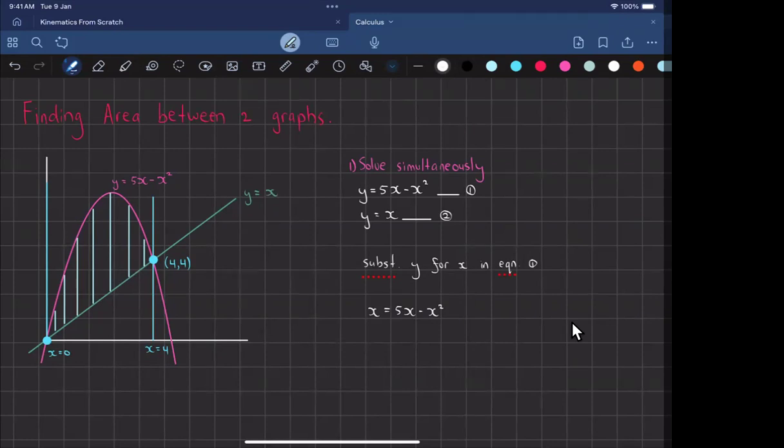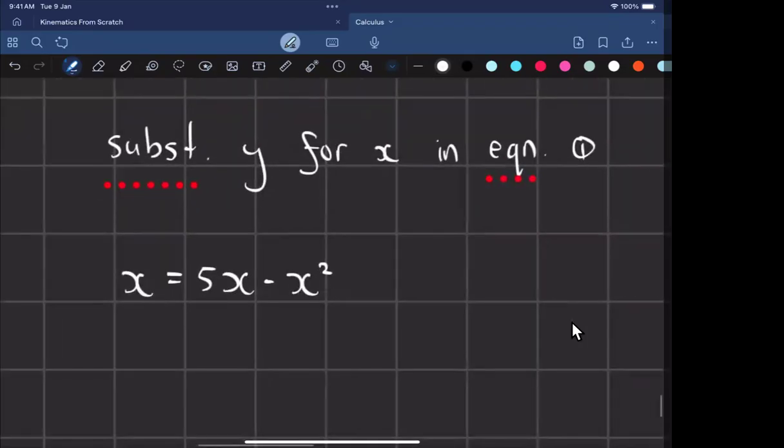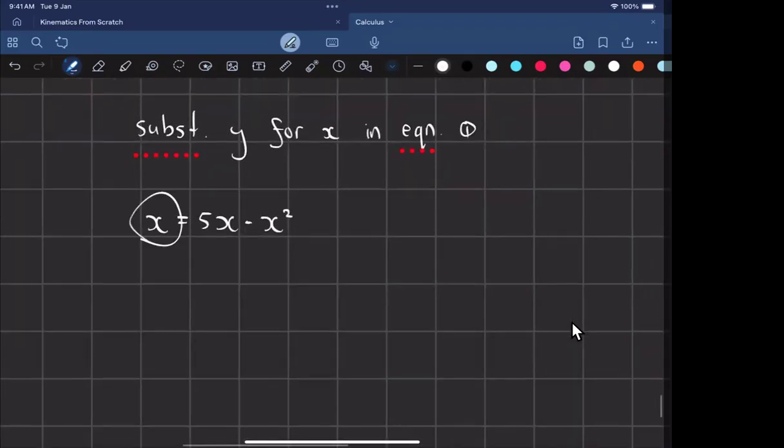Well, you could carry across the x on the right hand side. If I move everything across from this side, I have on the left hand side 0.